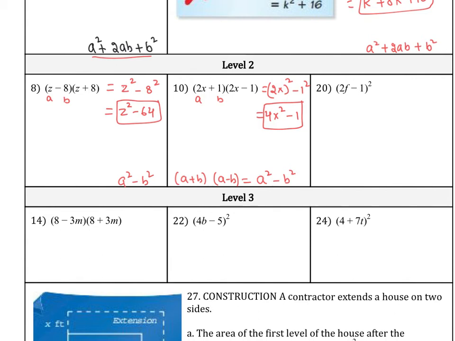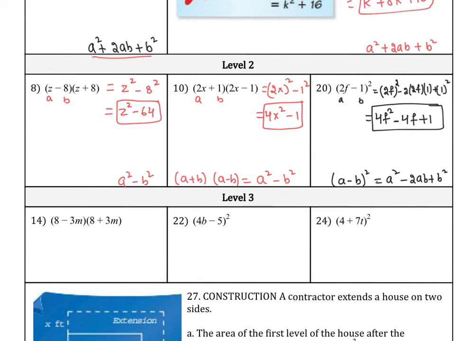The last one, number 20 for level 2, is the formula (a − b)². That is a binomial square where a² − 2ab + b² is the expansion, where a is 2f, b is 1. All I have to do is plug it in into this formula.